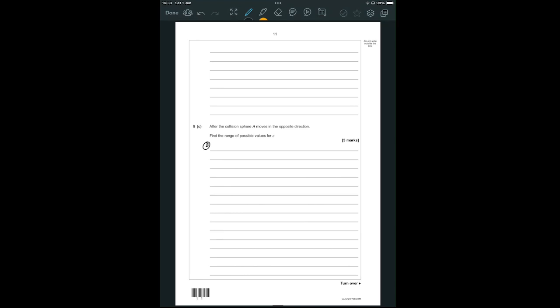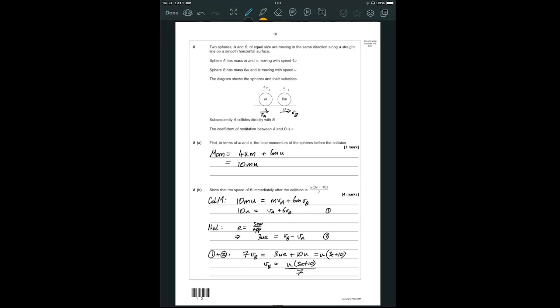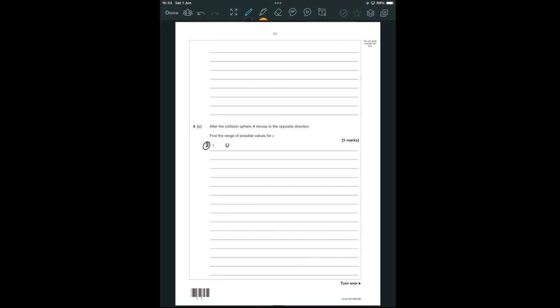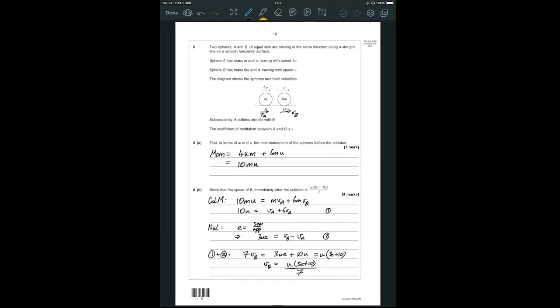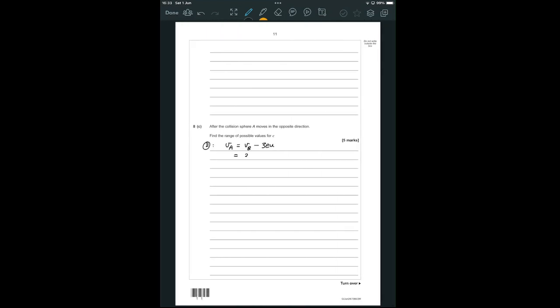I think I'm going to use equation 2. So if I rearrange equation 2 to make va equals, it's going to be vb minus 3eu. What was vb? 3eu plus 10u over 7.